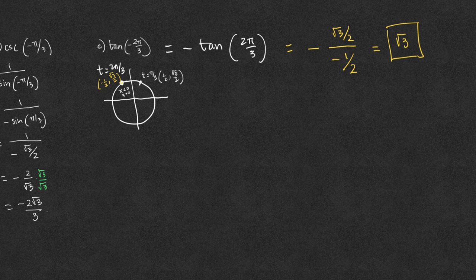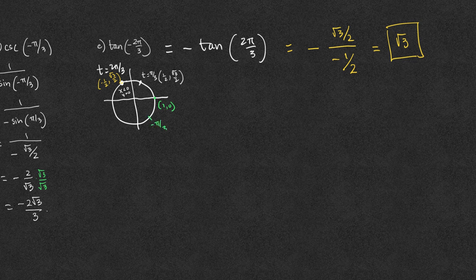Remember that we're not looking for the terminal point in the second quadrant. We did that after we rewrote the tangent of negative 2 pi over 3. If we were to find it directly, we would need to go to t equals negative 2 pi over 3 from the point 1, 0, clockwise.